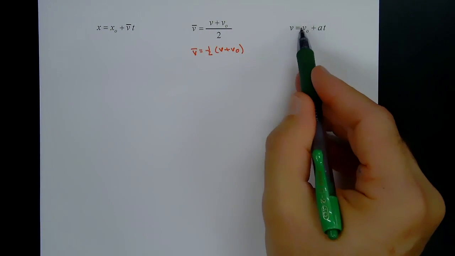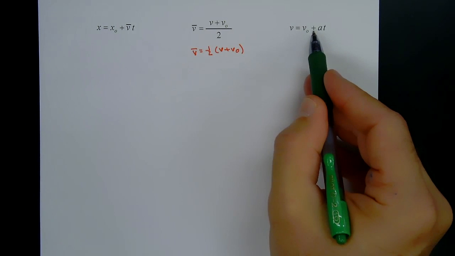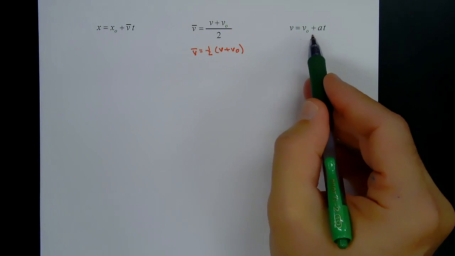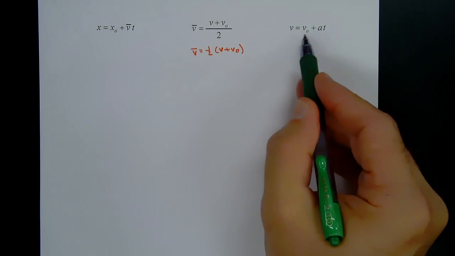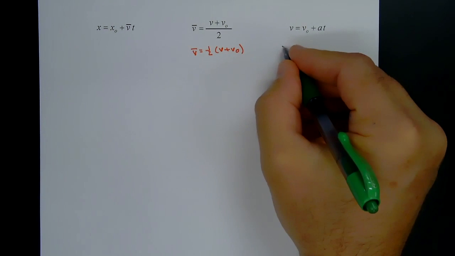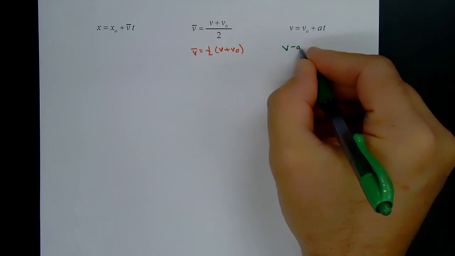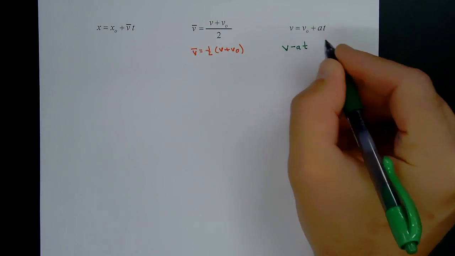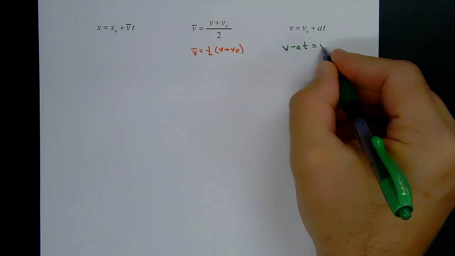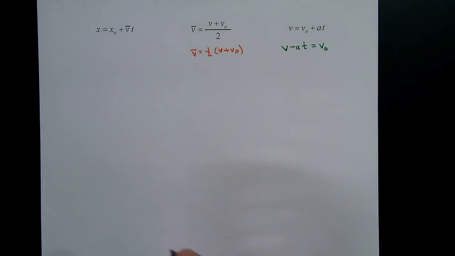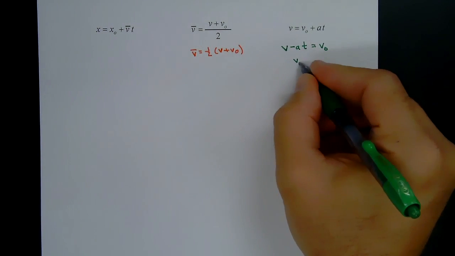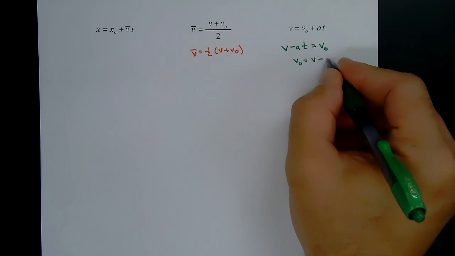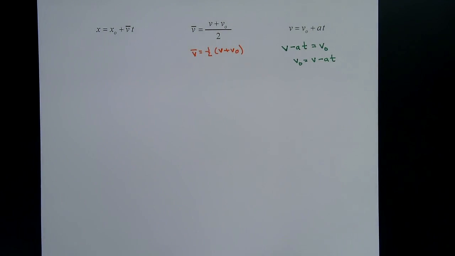So if I solve this for v sub o, I need to subtract the at from both sides. So this becomes v minus at, because I subtracted at from both sides, is equal to v sub o, or v sub o is equal to v minus at.